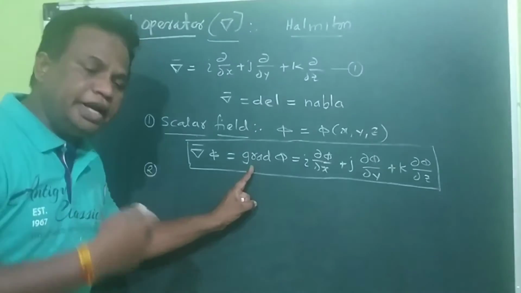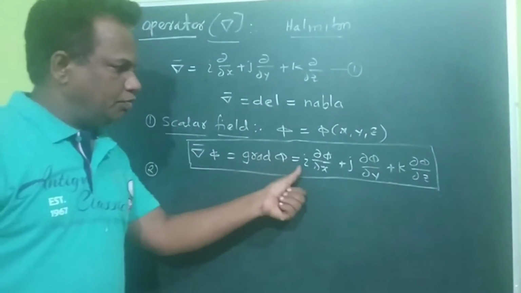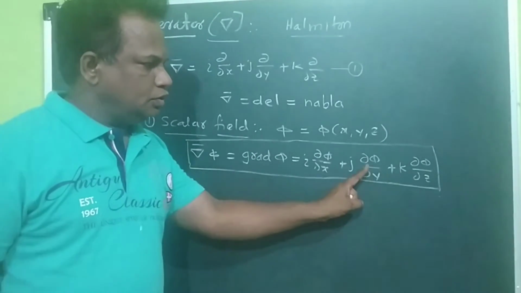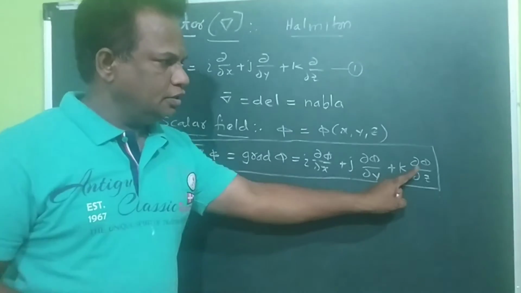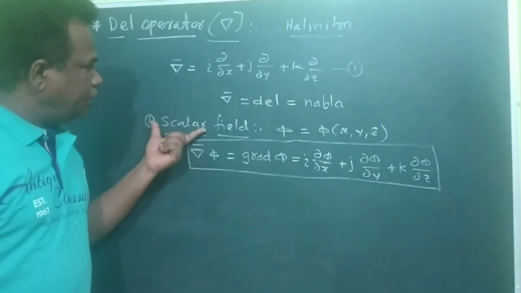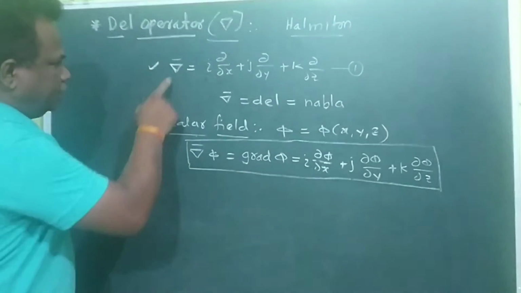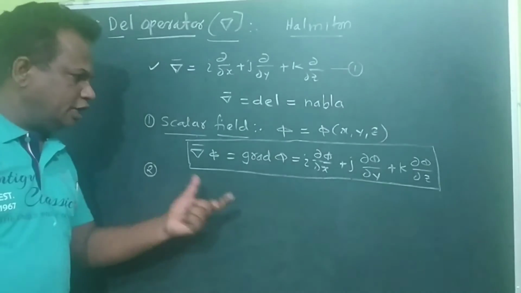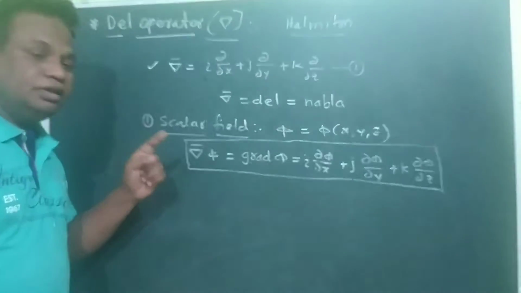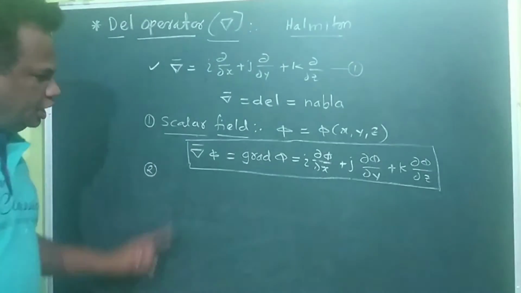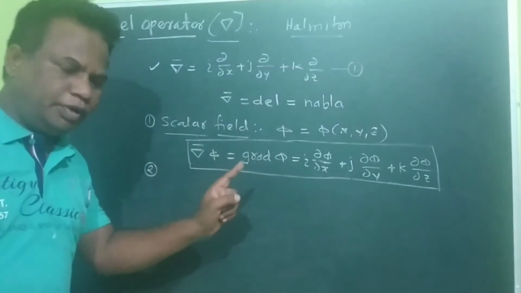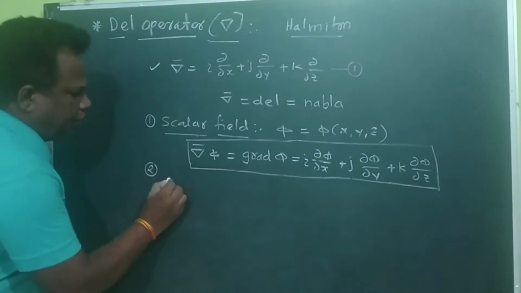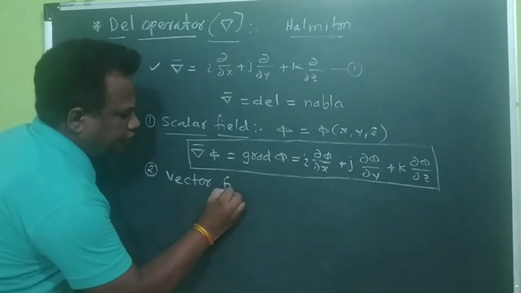It is read as grad of phi, and its value is given by i ∂phi/∂x plus j ∂phi/∂y plus k ∂phi/∂z. So del is a vector, and whenever it is operated on a scalar, what quantity do we get? Do we get a scalar field? No, it is a vector field, because it contains i, j and k values.